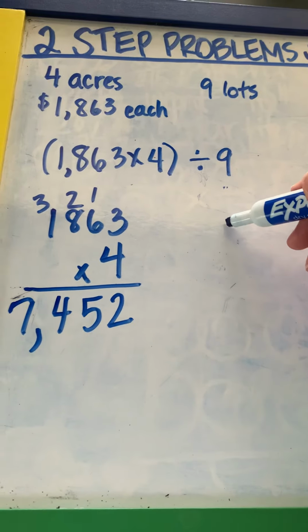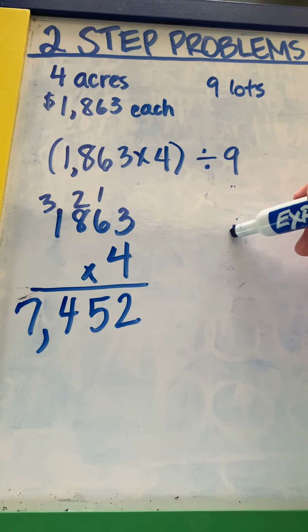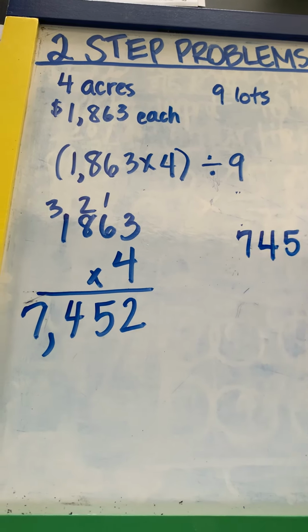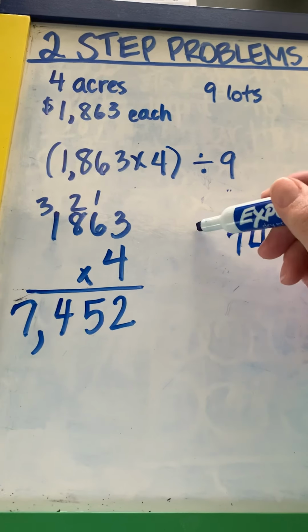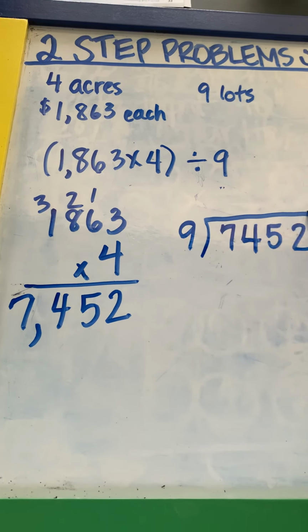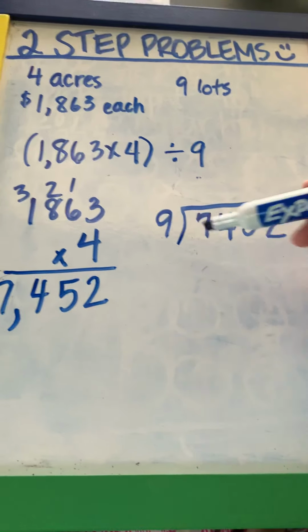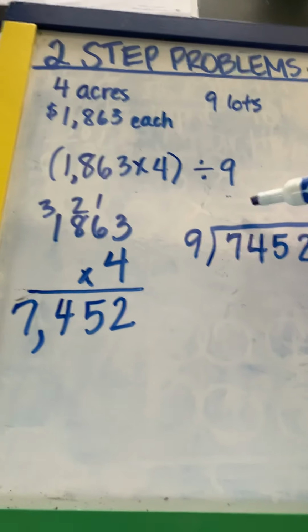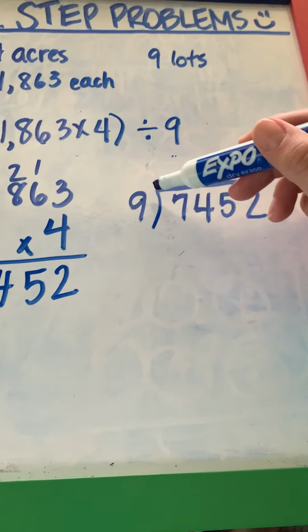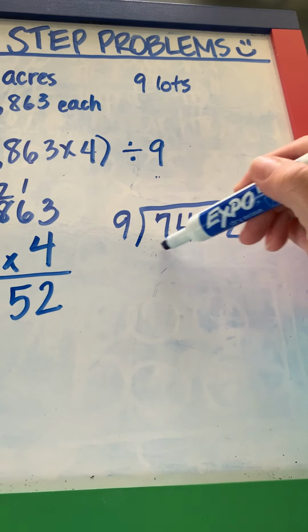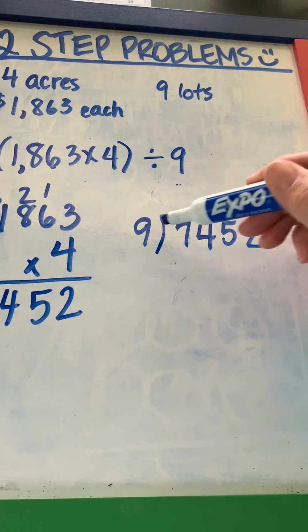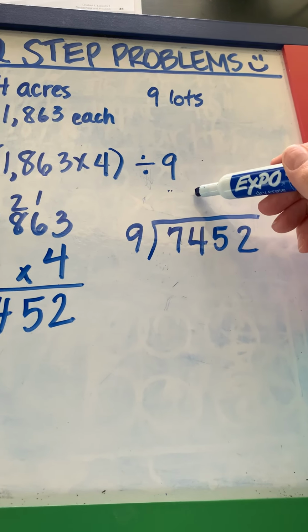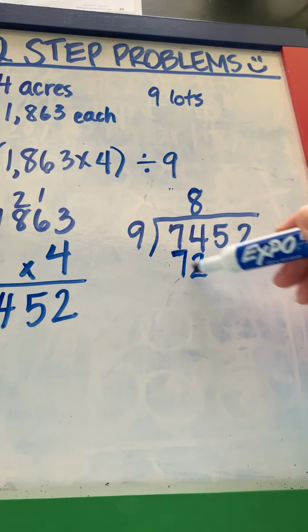So remember last week I worked on some division with you. When you have a single digit divisor, I would recommend doing long division. When you have a double digit divisor, I'd say partial quotients, but it depends on your preference also. 9 goes into 7, no times, so then we're going to look at 74. And I know a fact that gets me close to 74 is 8 times 9 is 72.